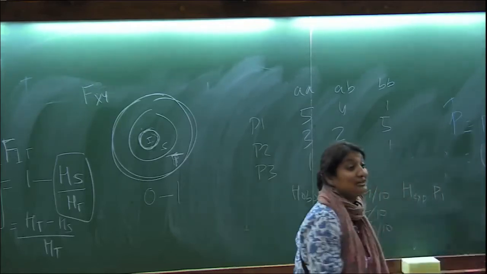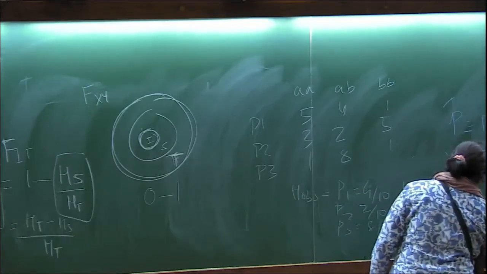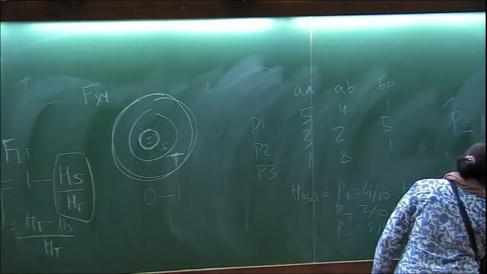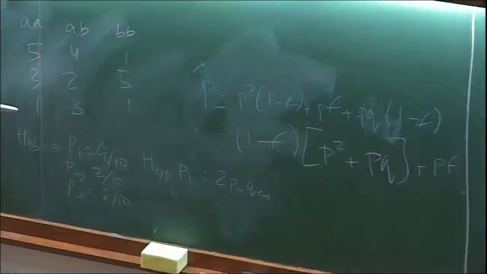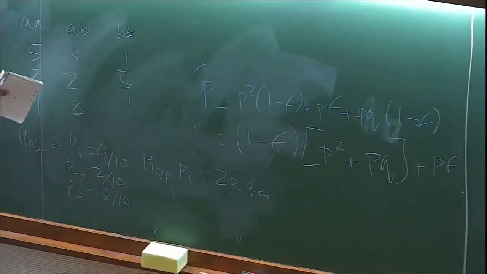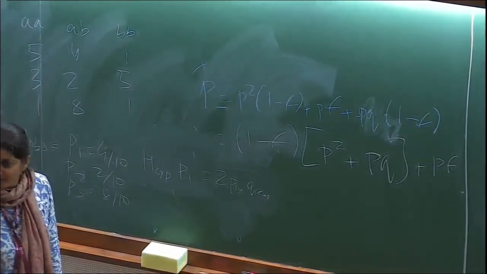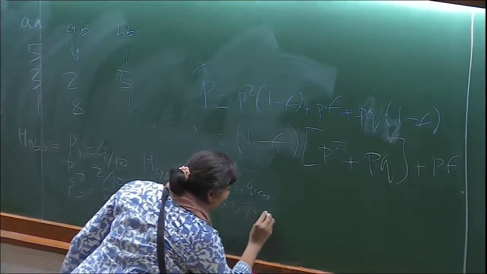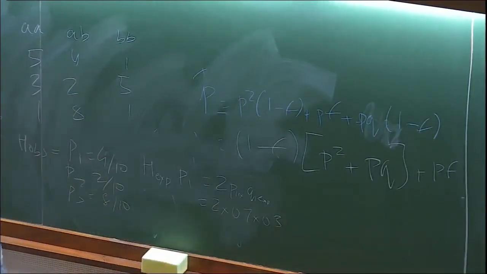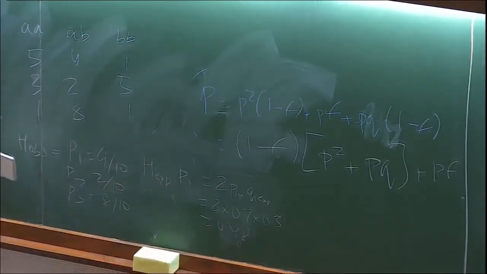Expected heterozygosity in P1 is 2 P1 expected, Q1 expected. P1 expected is 5 plus 2 by 10, 0.7. Q1 expected is 1 minus 0.7, 0.3. So 2 into 0.7 into 0.3, right? 0.42. Similarly, you would calculate for P2, you would calculate for P3.